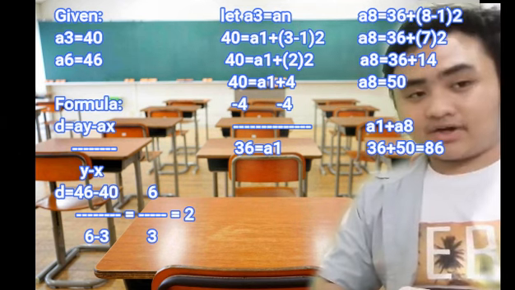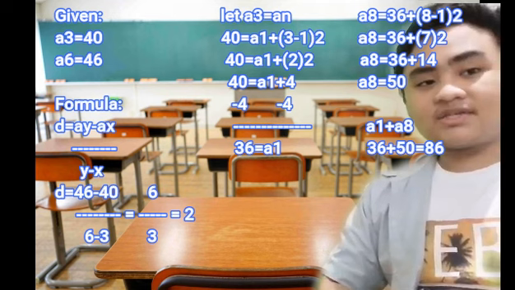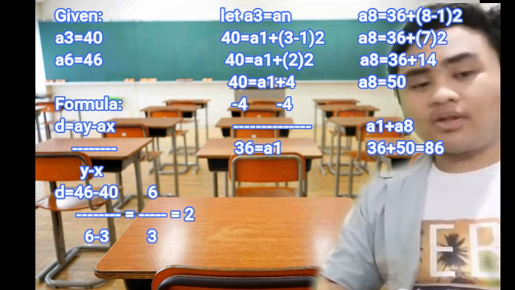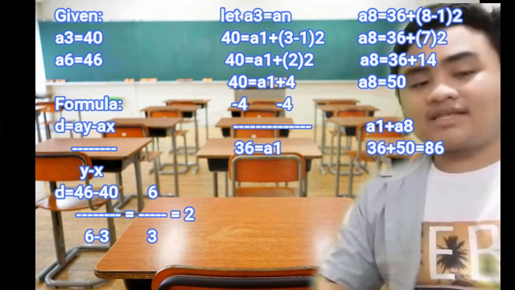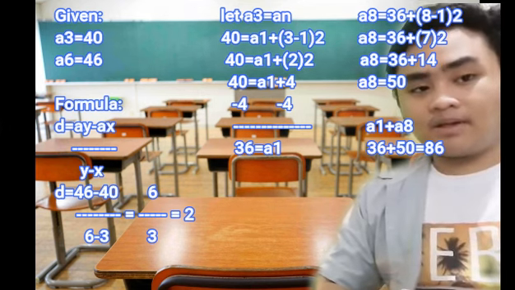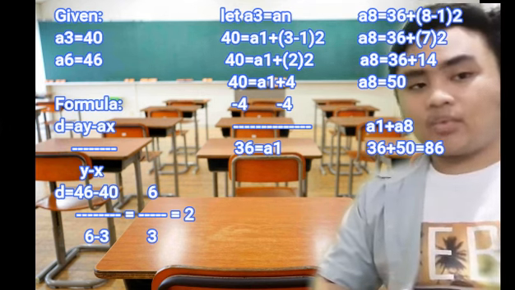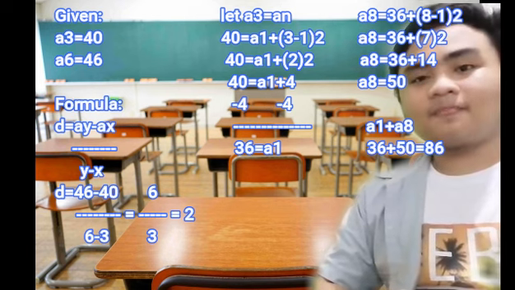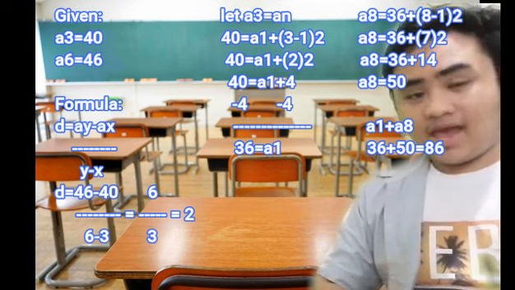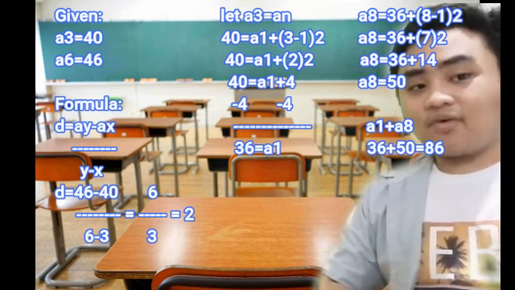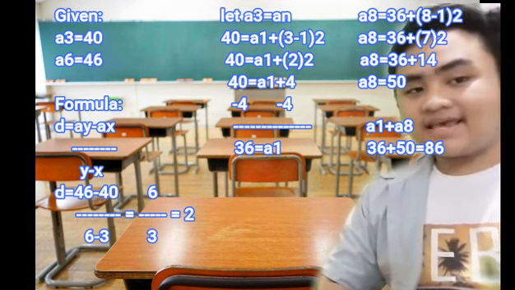Again, reminder, what comes first in the sequence will be put in the x, and what comes last in the sequence that is given in the problem will be put in y. That is why 6 divided by 3 is 2. Therefore, our common difference is 2.